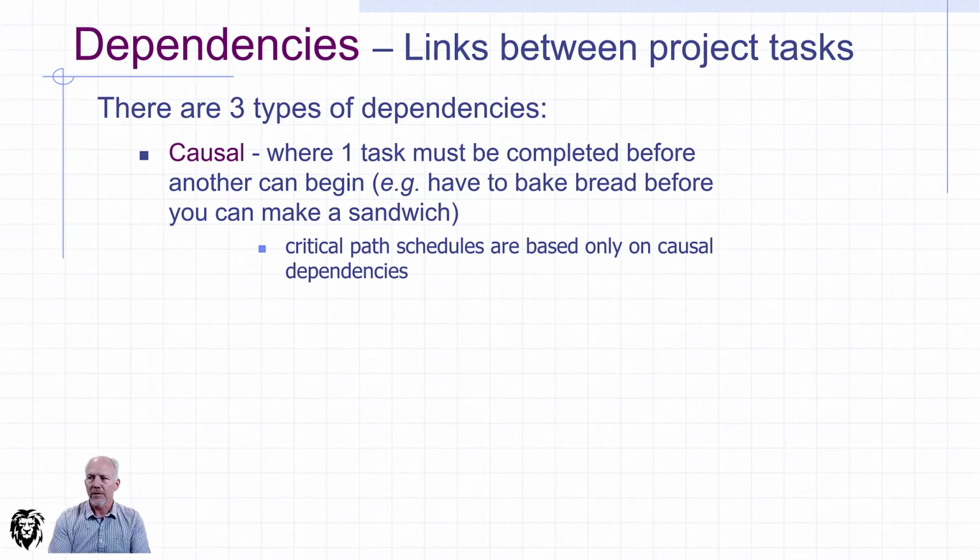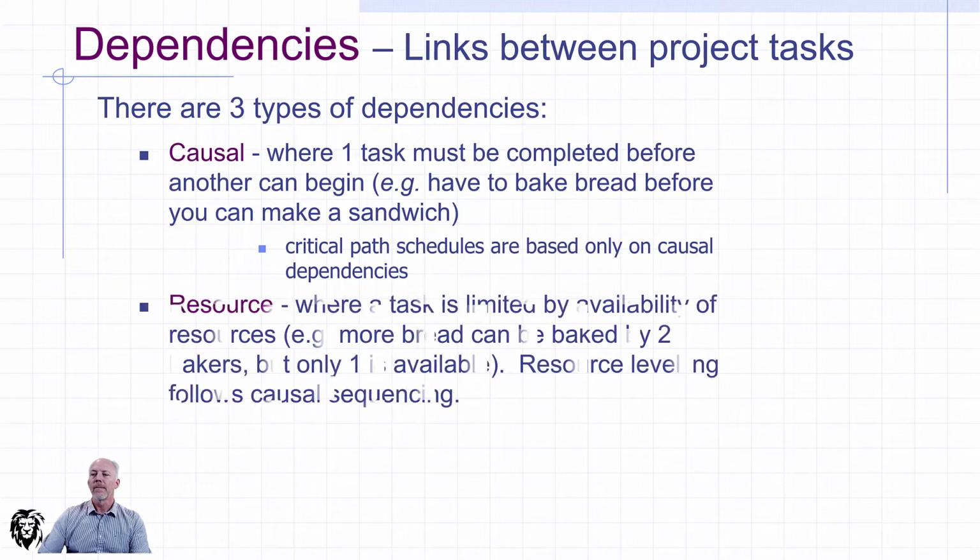The example on the screen, you can't make your sandwich unless you bake the bread. And so these causal precedents have to be established through the network. And they are the first and most important ones that we're going to do. And that is what the critical path schedule is based on. It doesn't consider other dependencies.